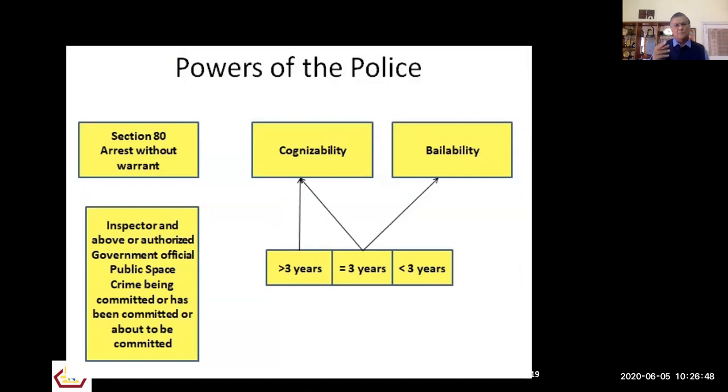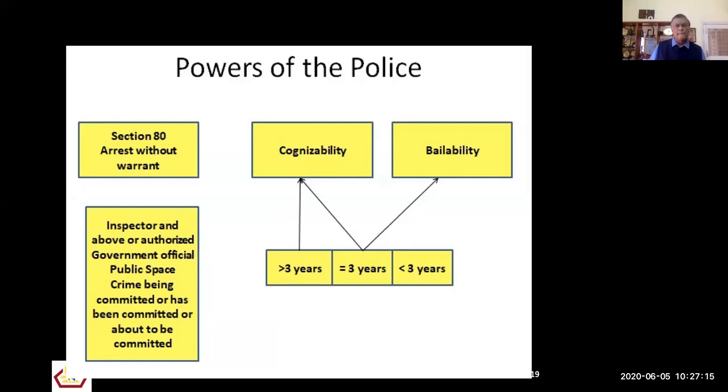If the punishment is more than 3 years, it is considered cognizable and not bailable at the police station level. It has to go to the court. Court always has the power to give bail. If the offense has less than 3 years of punishment, then it is not cognizable, and therefore arrest will not arise, and bailability will not arise.